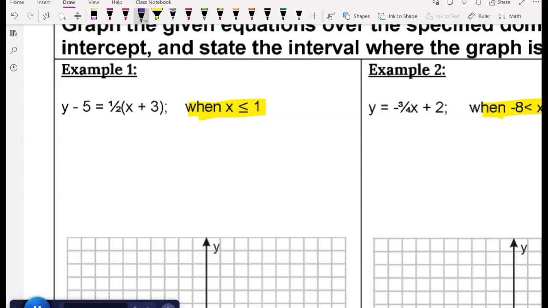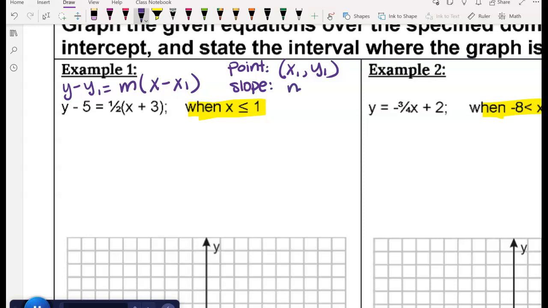The reason I know it's a point-slope form is because it looks similar to this: m times x minus x sub 1. And if it's in the point-slope form, just like its name, the point is always going to be x1, y1, and the slope will always be the variable m.